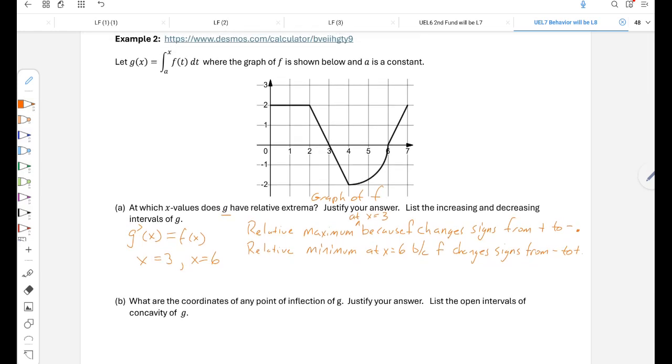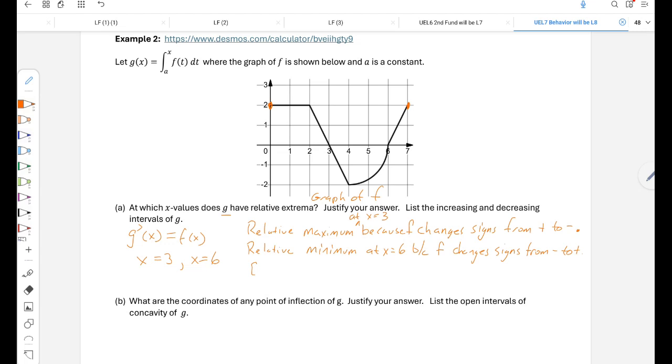Let's assume that this function has solid endpoints here because there aren't arrows. So we won't consider this thing going off to infinity in both directions. When is this function increasing? When is, I said this function, when is g increasing?